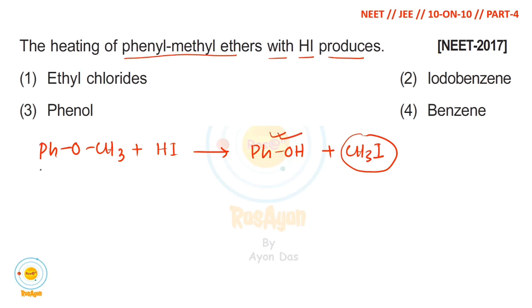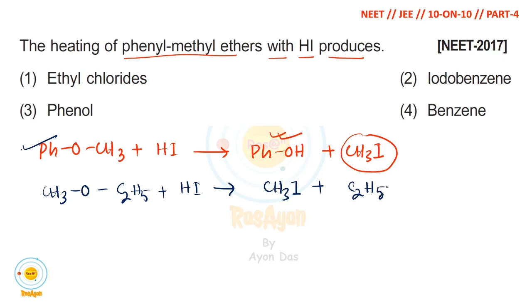Here I give some other equations that are interrelated. If you react methyl ethyl ether, that means CH3OC2H5, with HI, it produces methyl iodide CH3I with ethanol, that means C2H5OH.